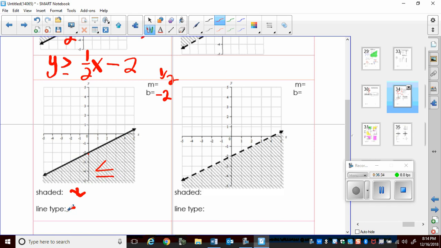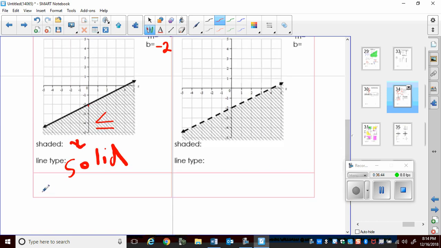So my equation, using that information, is y is less than or equal to 1/2 times x minus 2.